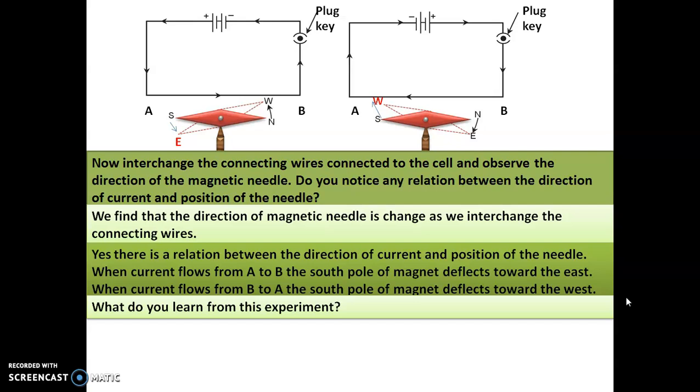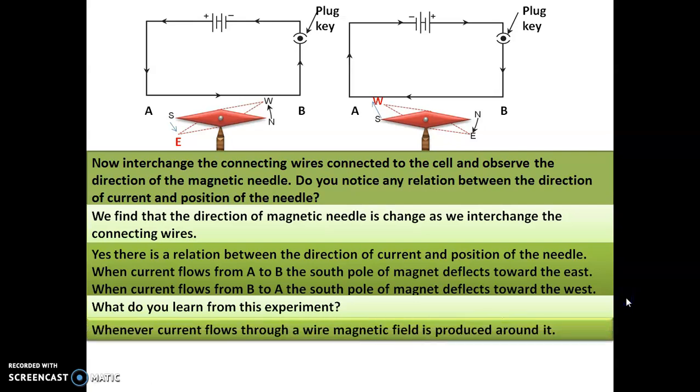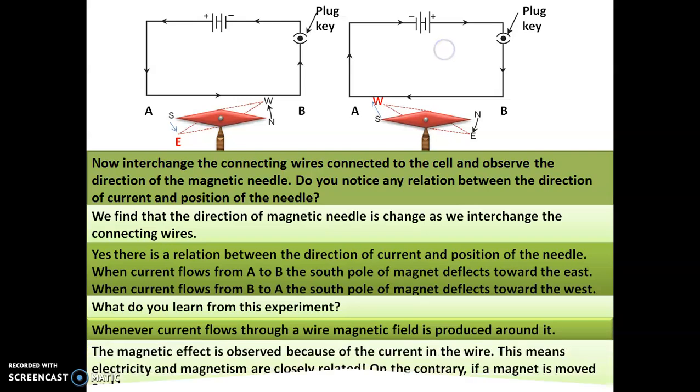So, what do we learn from this experiment? We learn that whenever current flows through a wire, a magnetic field is produced around it. AB is a wire, and when current flows through this wire, a magnetic field is produced around it.